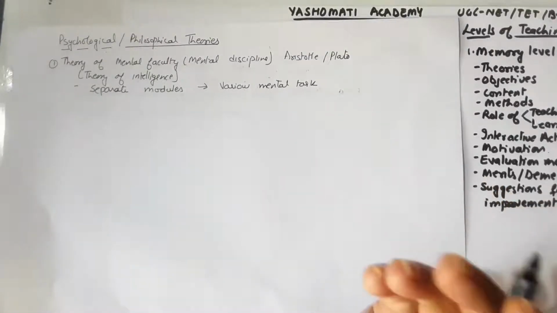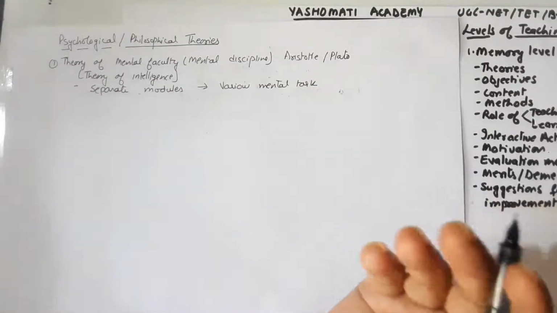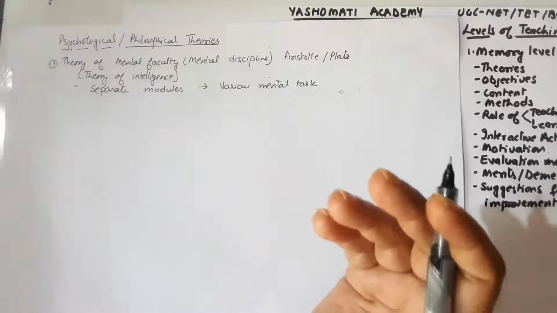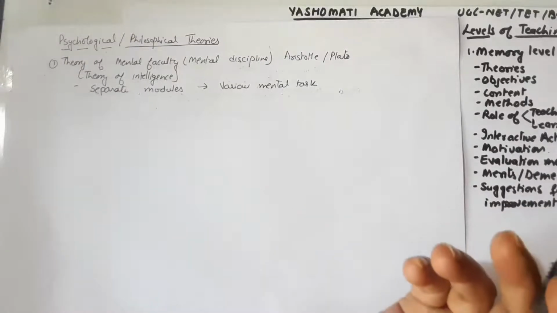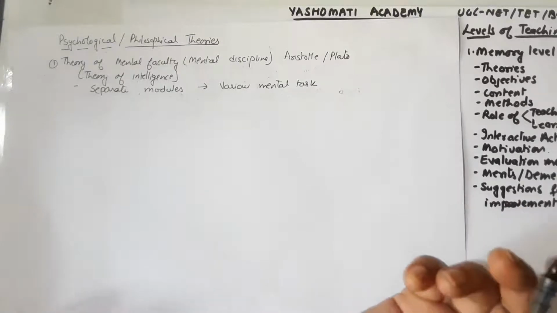It can perceive the environment, and it has a certain way of understanding, or certain cognitive abilities because of which it can perceive the environment.